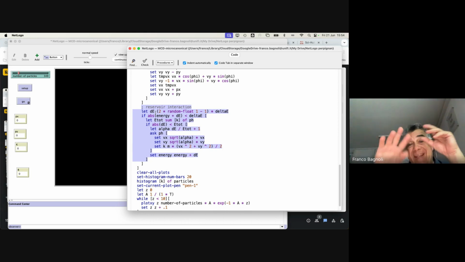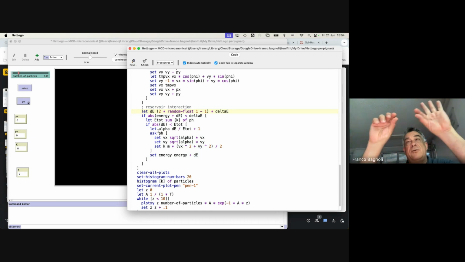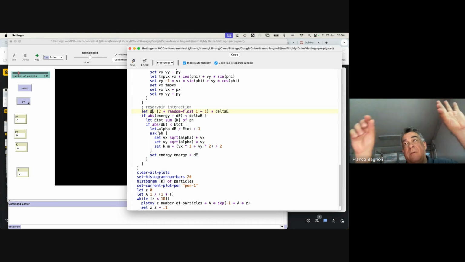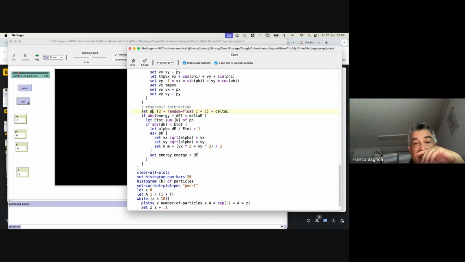In order to have an average conservation of energy, but not a strict conservation of energy, I let the energy be absorbed locally or released locally, but only with small fluctuations. So instead of having the motion on a surface of strict energy conservation, I let the motion move in a small gap.